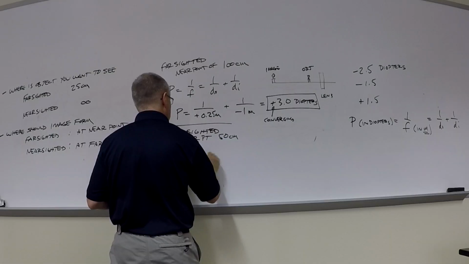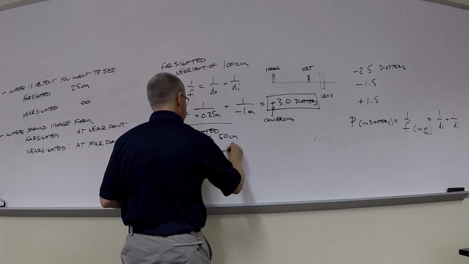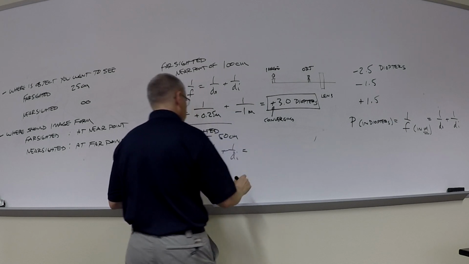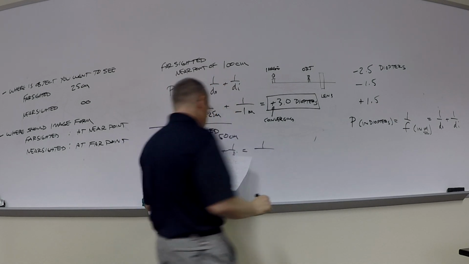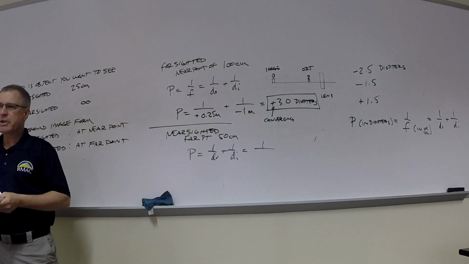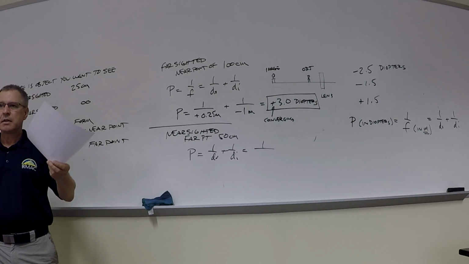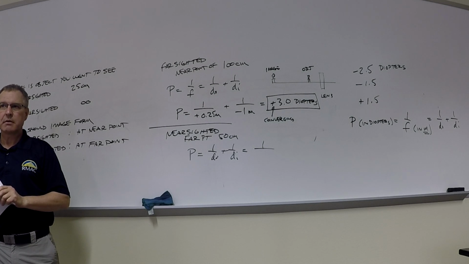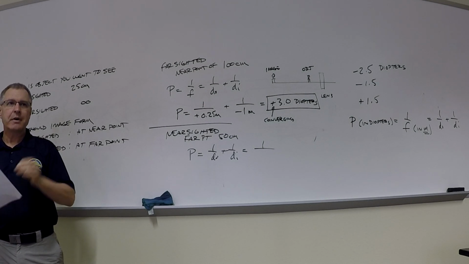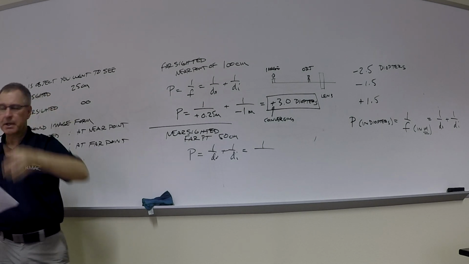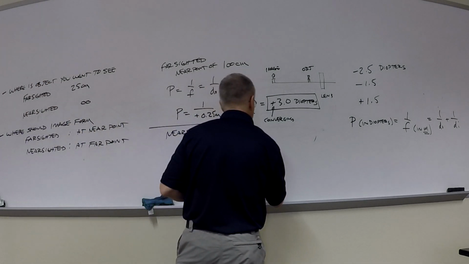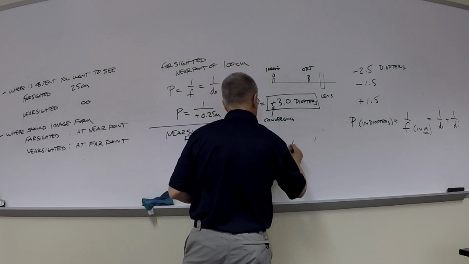So that power is 1 over distance to the object plus 1 over distance to the image. Where did we say we wanted the object for somebody that's nearsighted? Where do we want to have something that we can't see, that we want to get all nice and crisp? For a nearsighted case, we're going to put our object out at infinity.